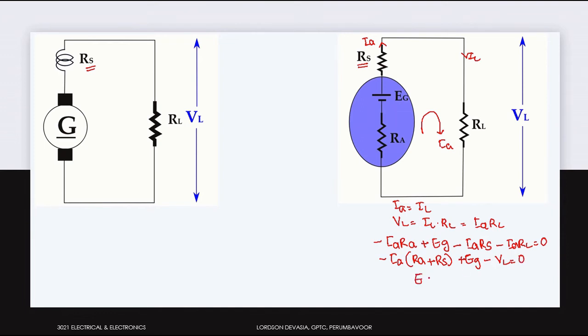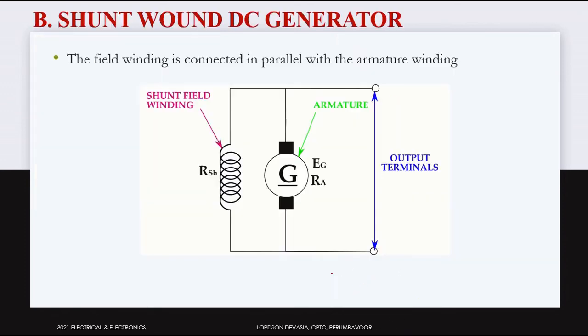So EG is equal to VL plus IA into (RA plus RS). This is the voltage equation of the DC series generator.